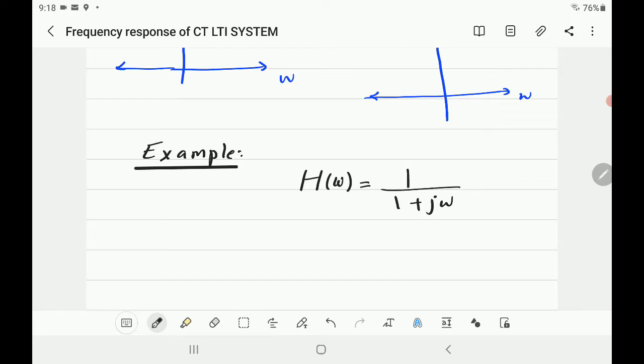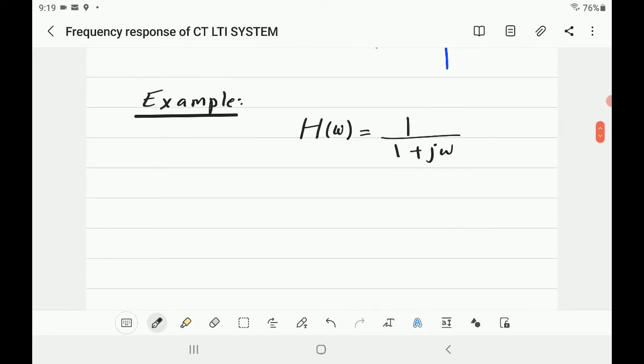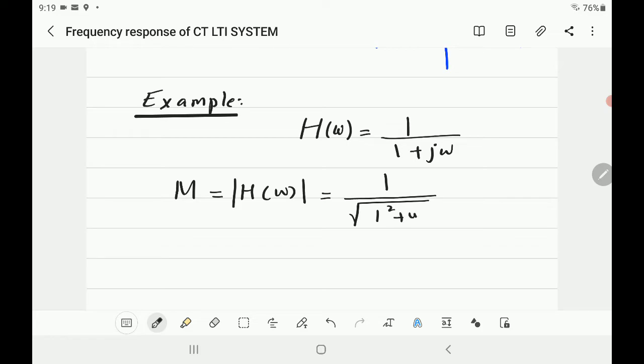That will tell you about the relationship between the output and input. Now let's find the magnitude. The magnitude of the impulse response in frequency domain, you just find the absolute value of it, which will be equal to 1 over the square root of 1 squared plus omega squared. So you have 1 over the square root of 1 plus omega squared. That is the magnitude of the impulse response.